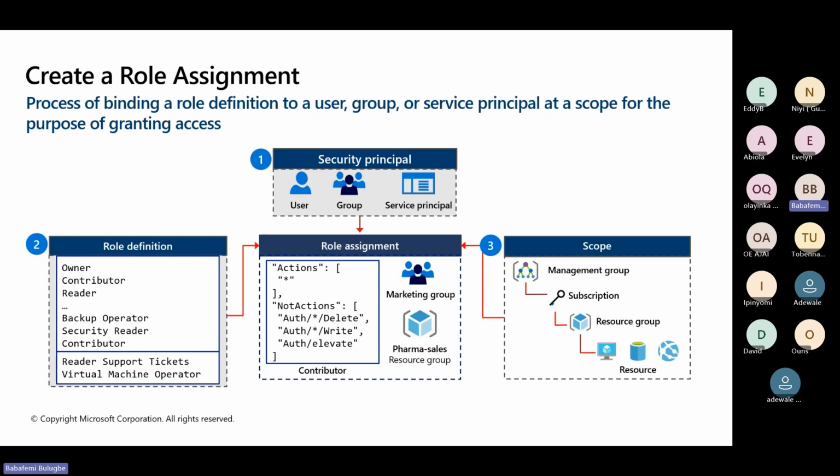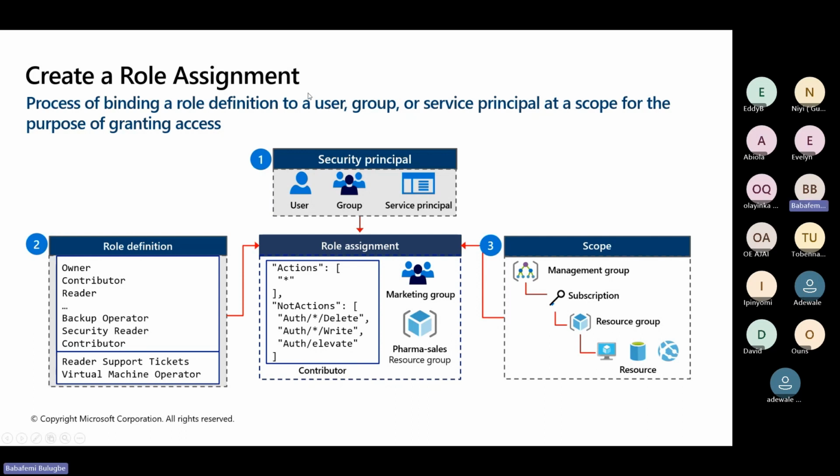I have, let's say, 300 users that need to be assigned an owner role or a virtual machine administrator role. I do not want to start assigning those roles one after the other to each of those users. I'd rather create a group, add all those users to the group and assign a role to that group.